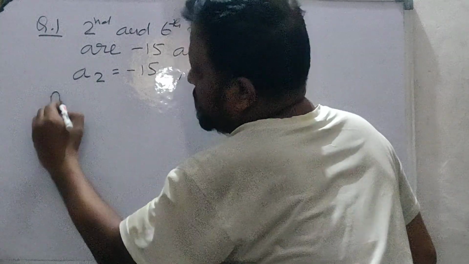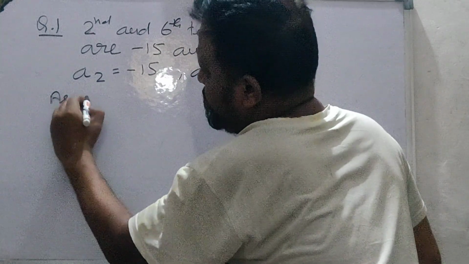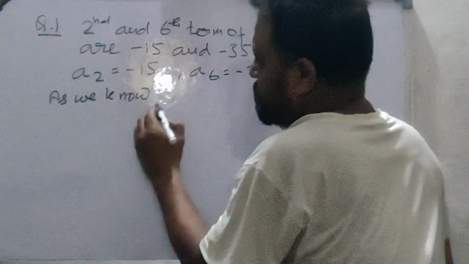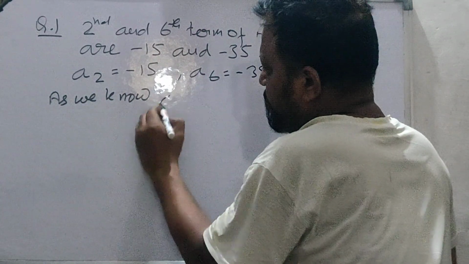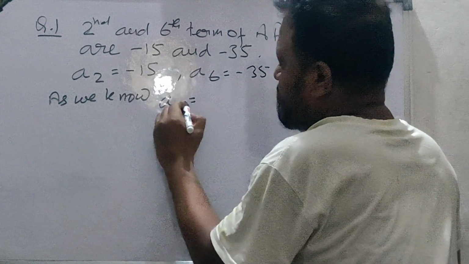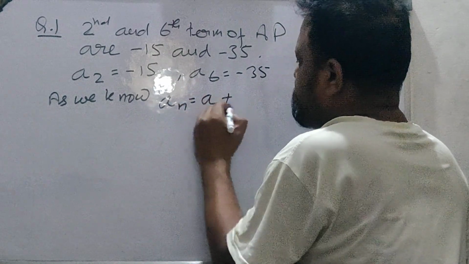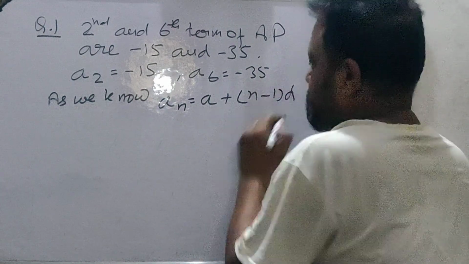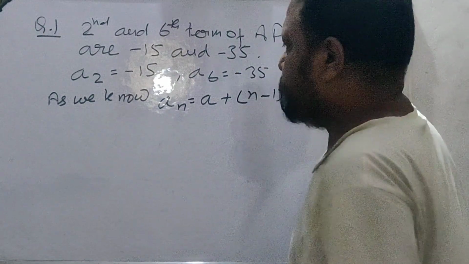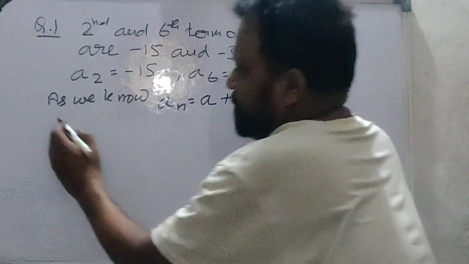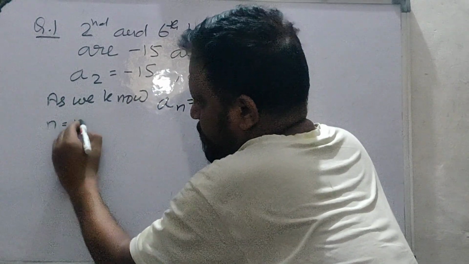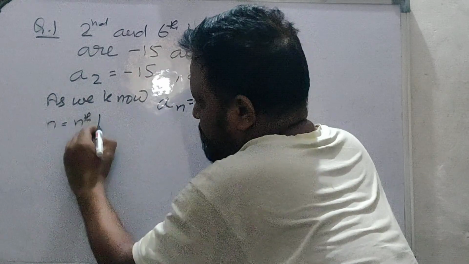As we know, the nth term is equal to A plus (n minus 1) into D, where n is the nth term.